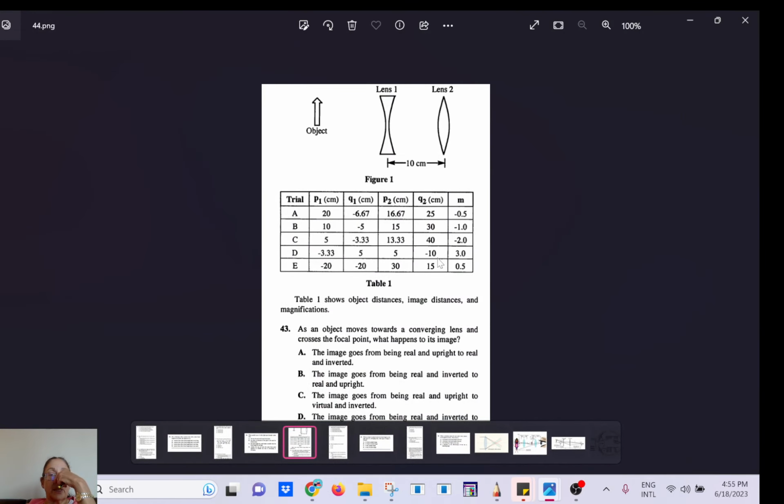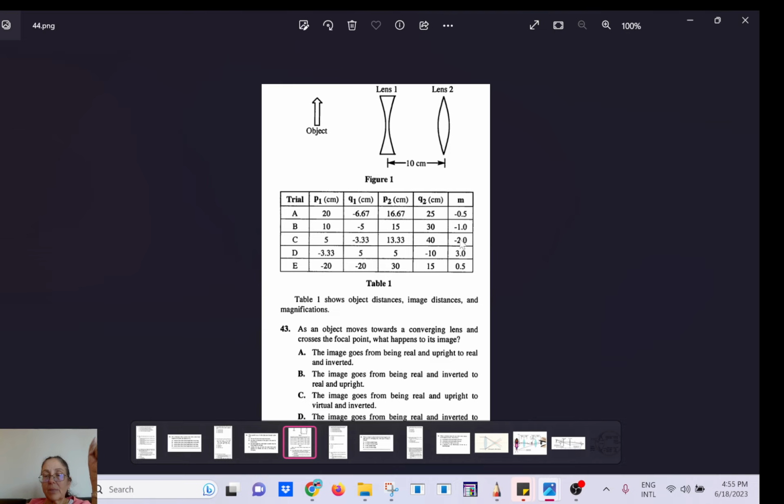C to D. So in C, you see that the final magnification is -2. So it was enlarged by a factor of 2, but it's upside down. In this experiment, you get an image which is also enlarged, but is upright. But the confusion is you go from here to there.